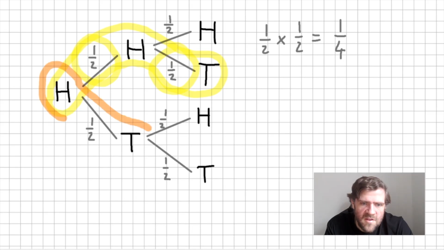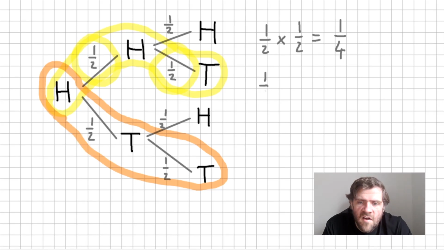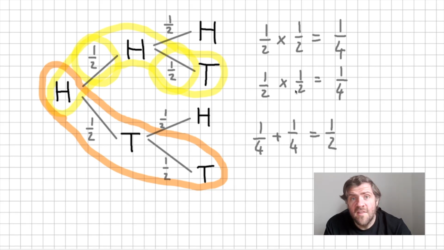So the possibility of going from heads to tails to tails. Again, in this case, we have half times half equals a quarter, and we can add these two quarters up. A quarter plus a quarter equals half. So the probability of starting with a heads, flipping the coin twice and ending up with a tails is half when you have a fair coin, which is of course what we expect, and it's nice to see maths do what we expect.